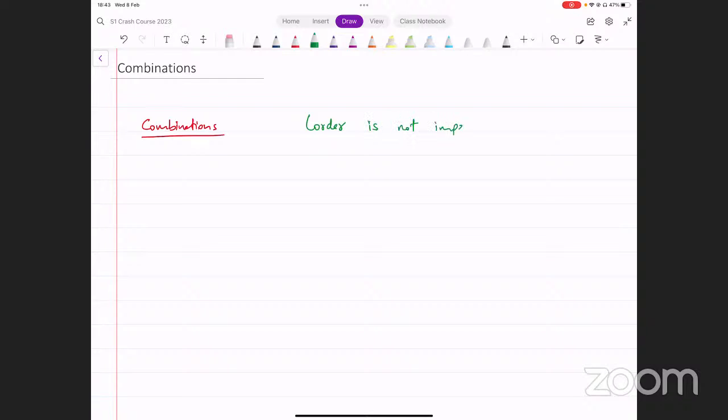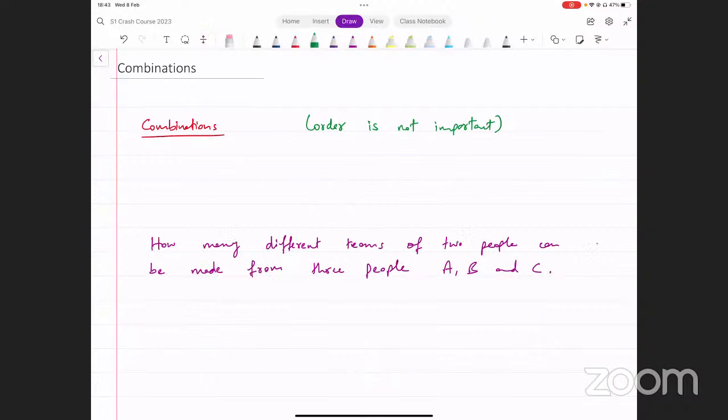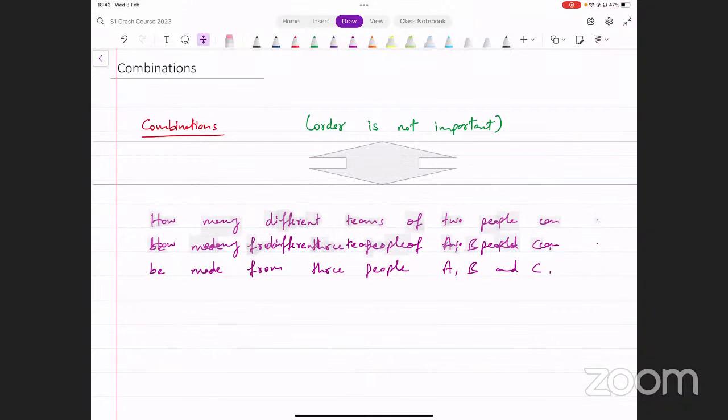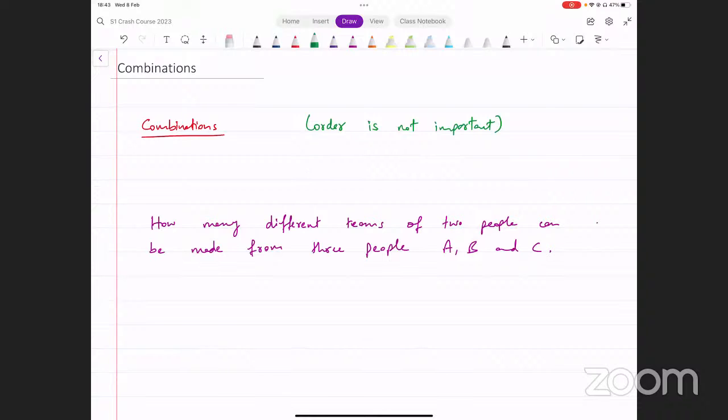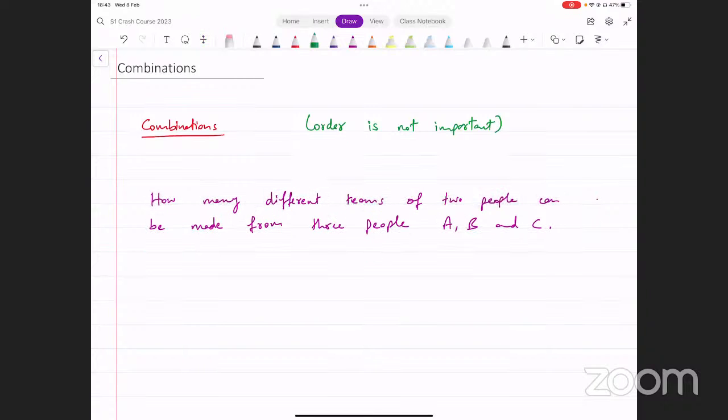Now, let's take an example, to try to understand using an example. We want to figure out how many different teams of 2 people can be made from 3 people.